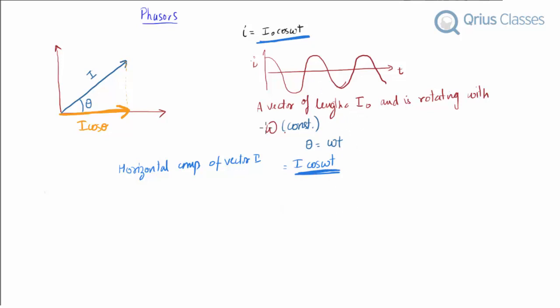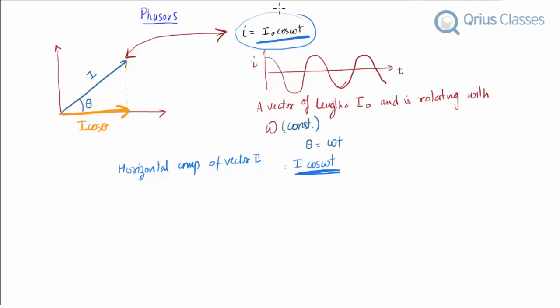That is, the behavior of this can predict the behavior of our equation I equals I naught cos omega t, because the behavior of the projection on the horizontal axis is the same as that of the current. So we can study this by studying our rotating vector I. There exists a relationship between these two, such that the horizontal component of our rotating vector gives the same relationship as our current.